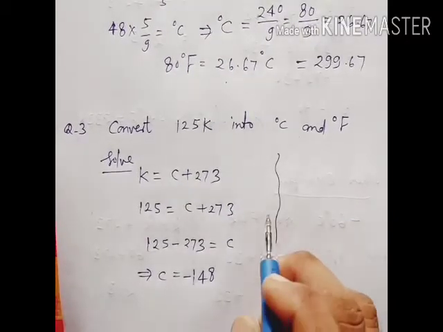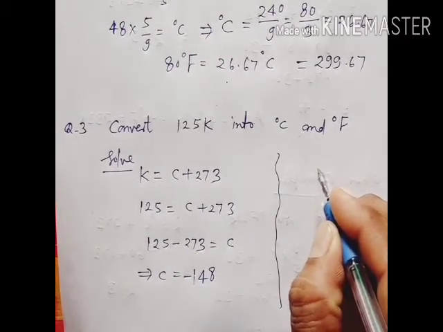Now we have to convert minus 148 degree Celsius into degree Fahrenheit.